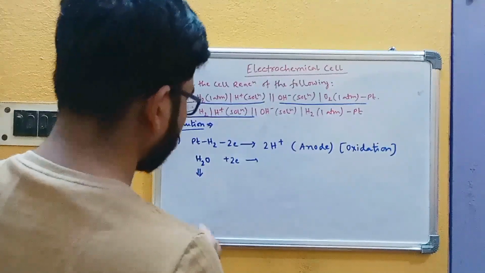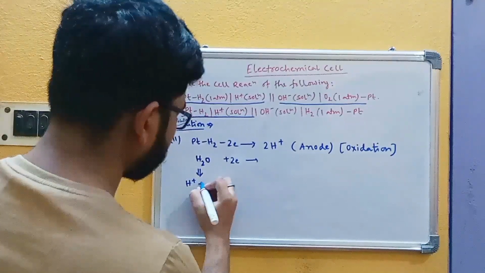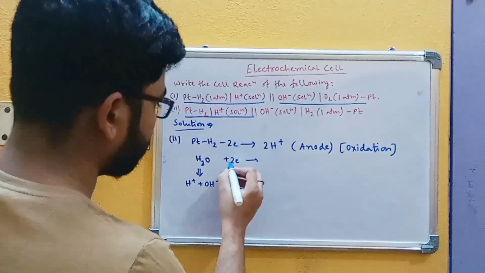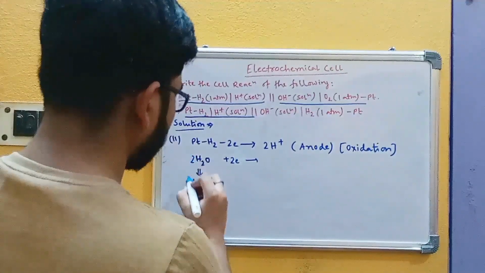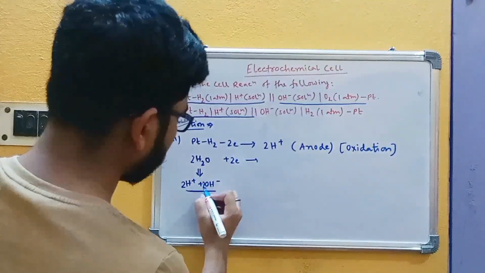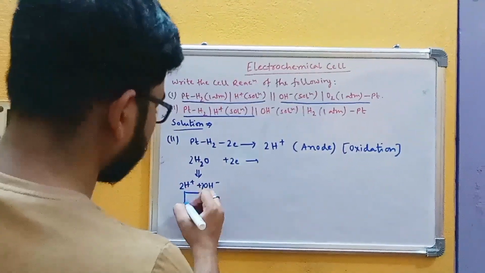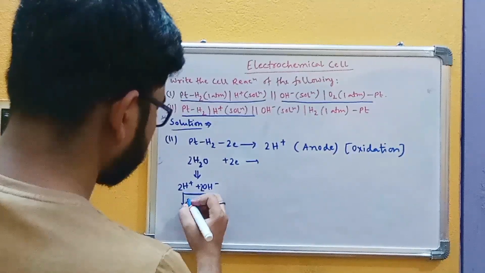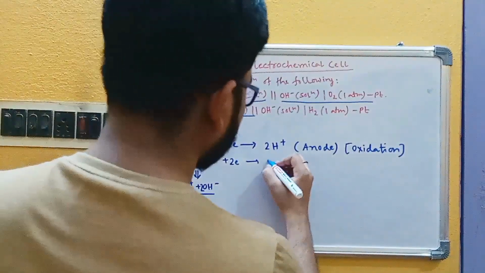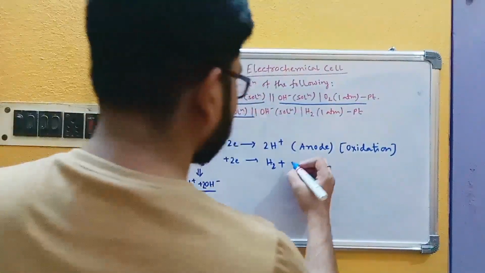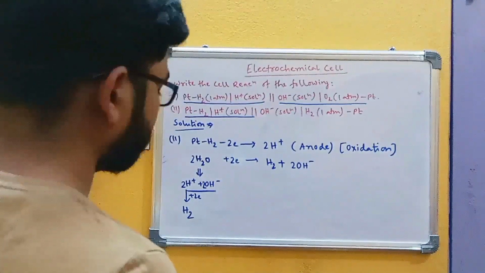This is a trick, by this you can easily understand. H2O consists of H plus plus OH minus. If 2 electrons are provided to this system, then we add 2 here, so 2H plus plus 2OH minus. Then if 2 electrons are provided in this system, these 2 H plus take 2 electrons and form H2, so we get H2 plus 2OH minus. So this is a trick, by this you can easily understand.